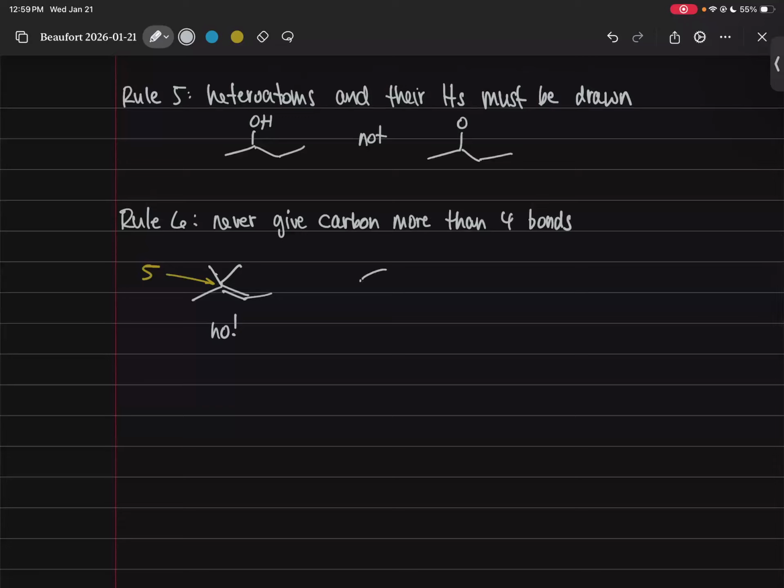Another culprit that tends to cause this issue is rings. So here, this carbon in the ring, there's 2 single bonds that make it part of that ring, and then 3 CH3 groups. That's a total of 5, and that is illegal.